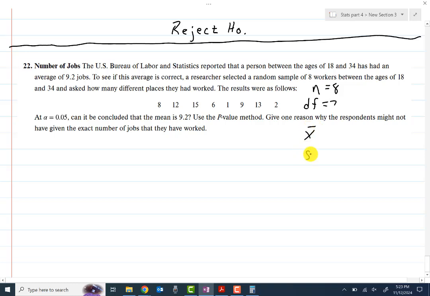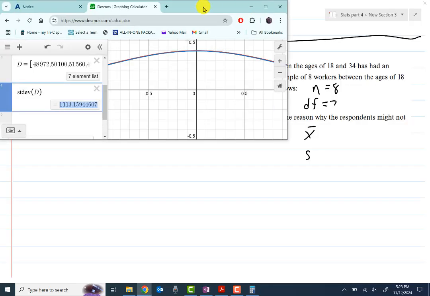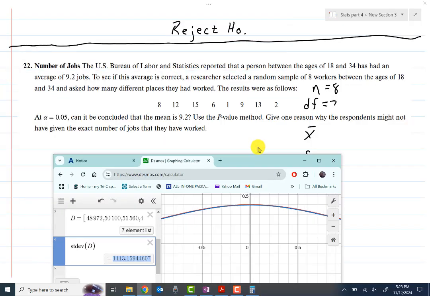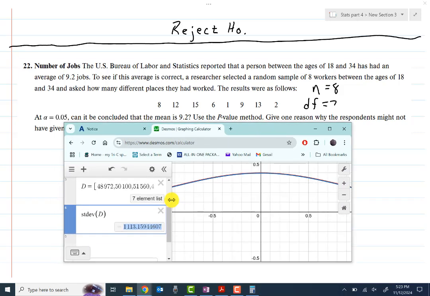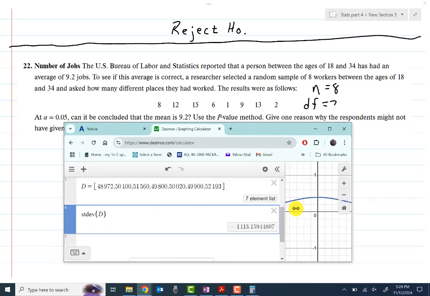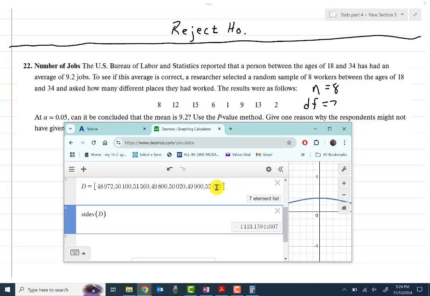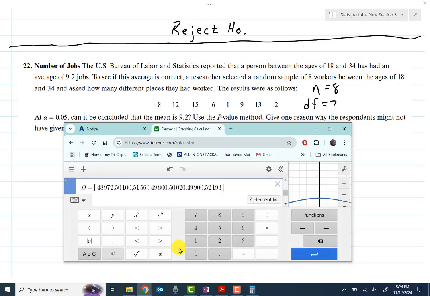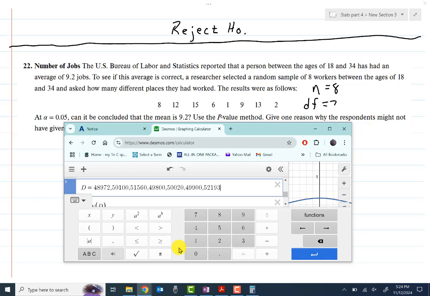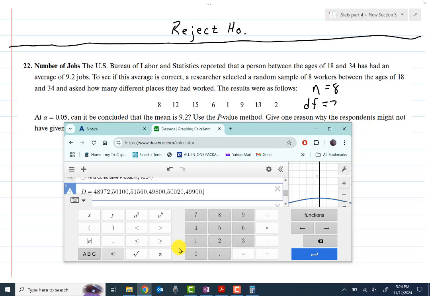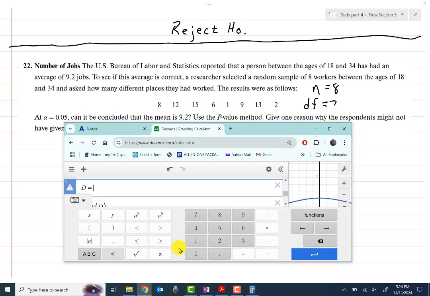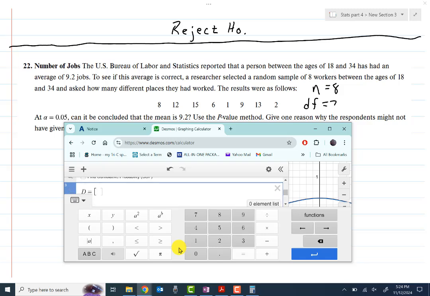So let's get those. I'm going to throw these things into Desmos. Here I'm going to come back and change my letter D to the numbers that are in there. I've adjusted my backspace through here. We start a bracket. I got 8.